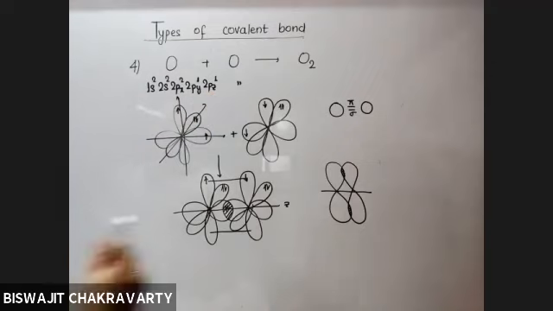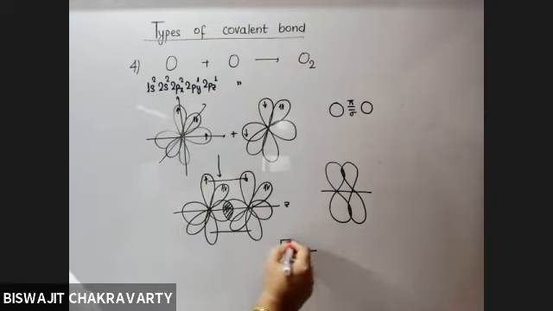So how do you distribute 4 electrons? 1, 2, 3, and 4, isn't it? You are putting the 4 electrons, so 2 of them will have unpaired electrons or not? Yes, sir. So therefore py and pz will have unpaired electrons.